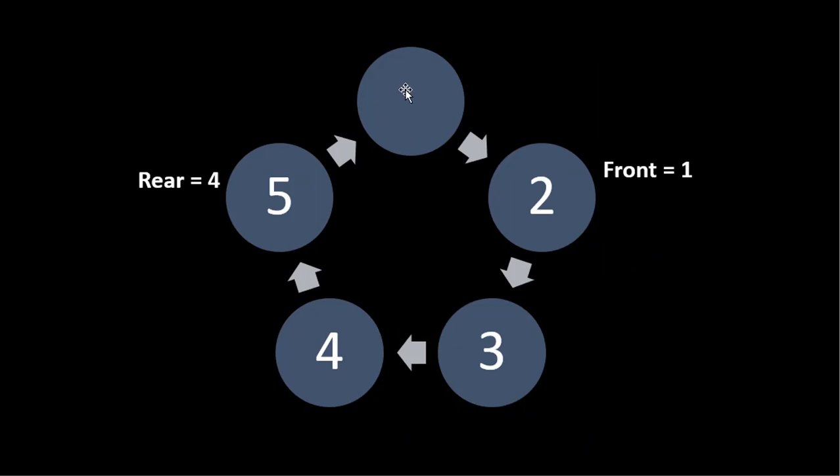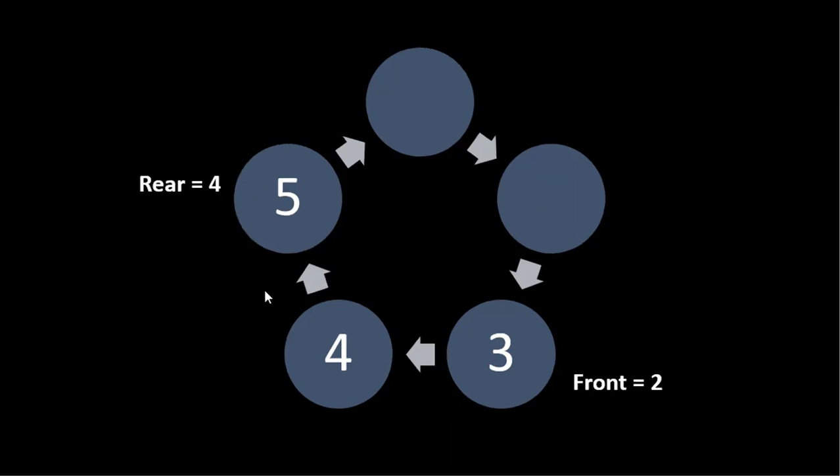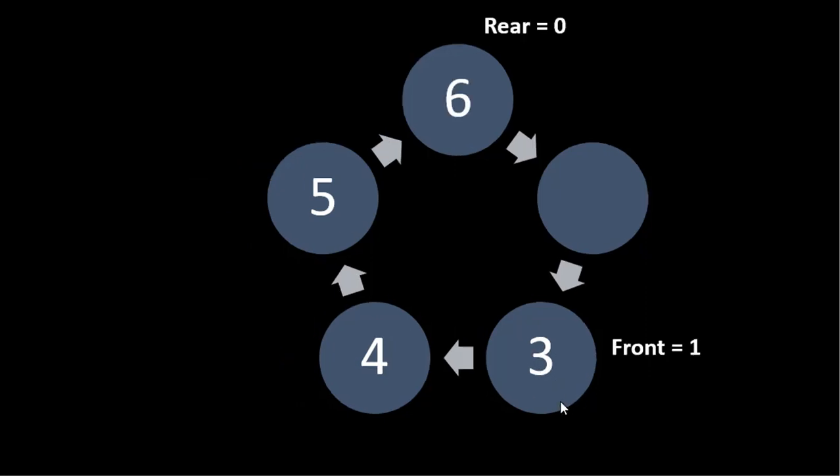And here we have removed the first element. The front pointer would be updated from 0 to 1, and the rear pointer would remain the same. Here we have also removed one more element, so the front pointer is just incremented by 1, and you can see that it points to 3. And here we have updated the rear from 5 to 6.